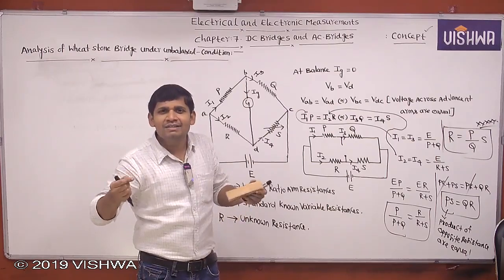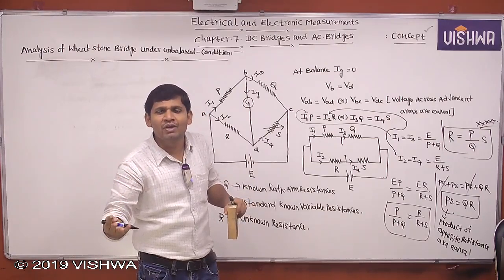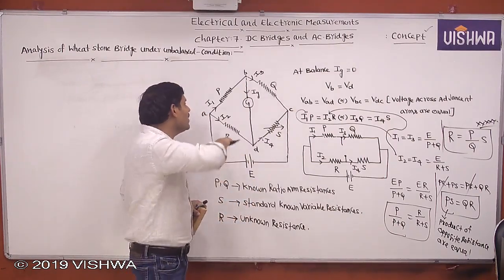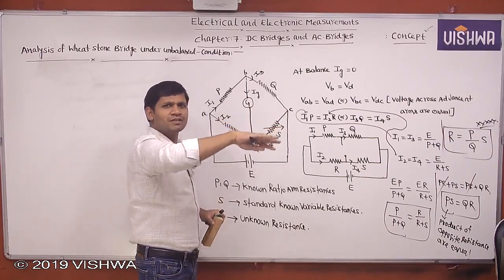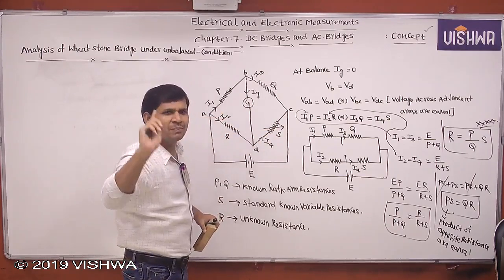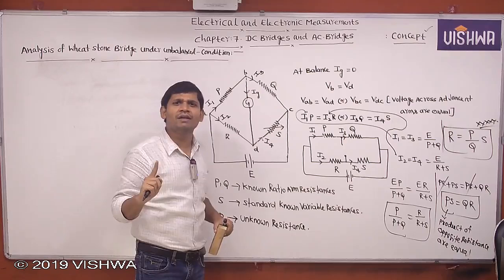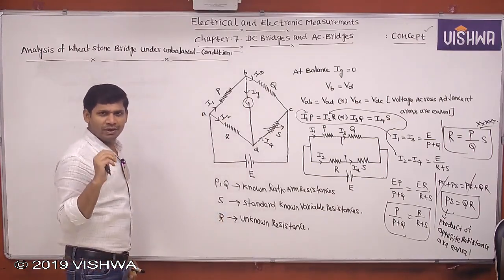Otherwise it gives wrong readings. Not only for the Wheatstone bridge, for any bridge the detector must have high sensitivity. That is the basic property required in the selection of detectors or galvanometers.